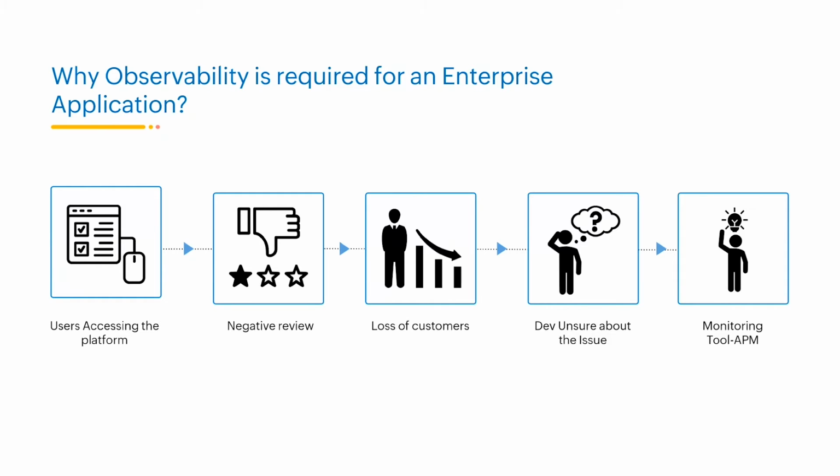And developers who are unsure of the root cause of an issue face impact and loss of business. So, in this scenario, using an enterprise monitoring tool like Applications Manager will give the management deeper observability and more visibility into the application, so that this will increase the demand for using the application.